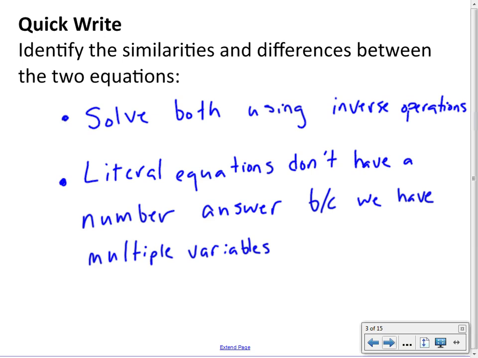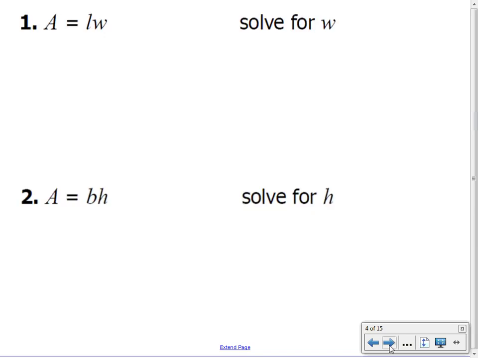So just a couple things to remember as we go through this. In each one of these equations we look at, and we're going to skip over a few, we're going to do some particular ones that are on your page. Make sure you're paying attention to which variable you're supposed to solve for.